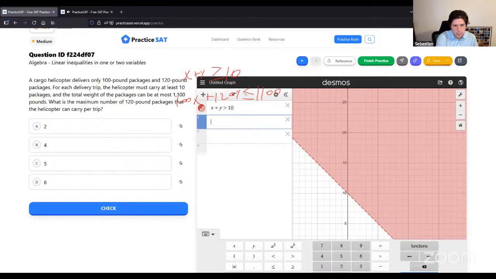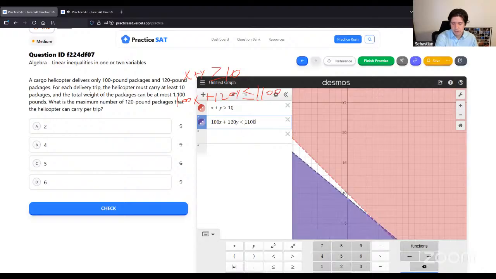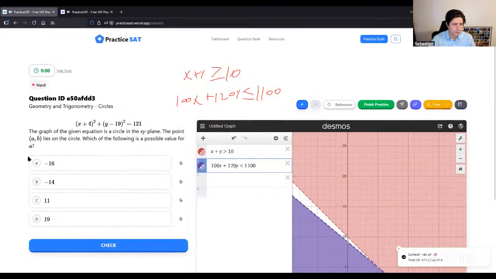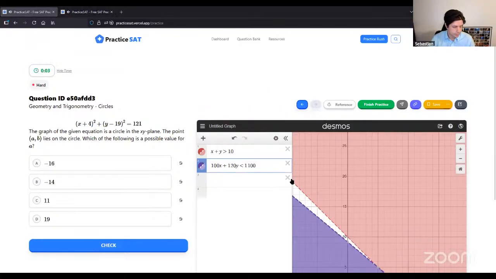And then we're going to do 100x plus 120y less than 1,100. Yep. Meets at 5, 5. Can't be at most, so yeah, 5 would work. Perfect. And you could solve that algebraically as well if you wanted to. Exactly. That's a good strategy there. I like that.